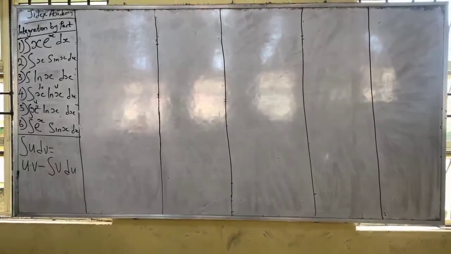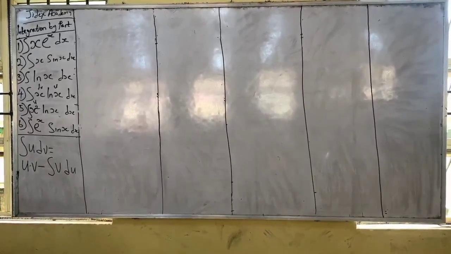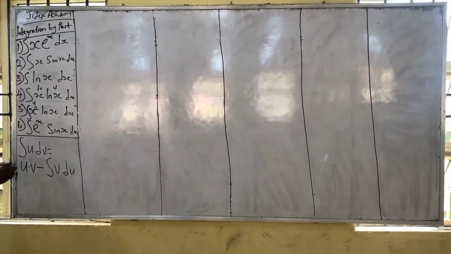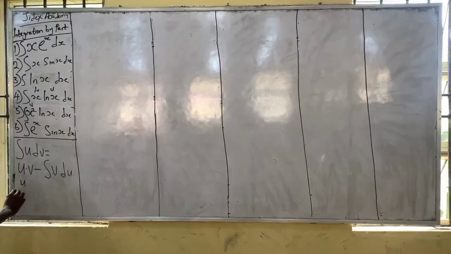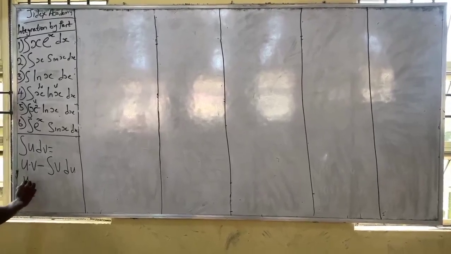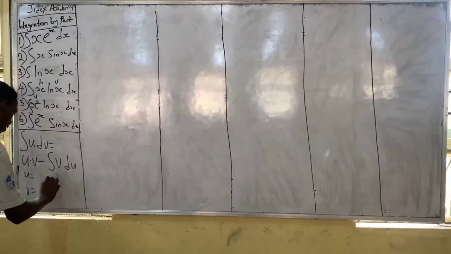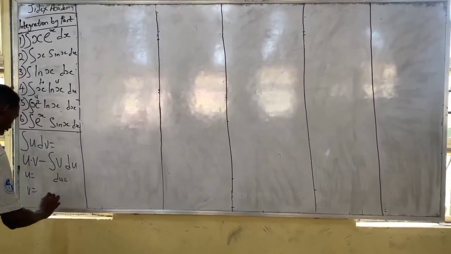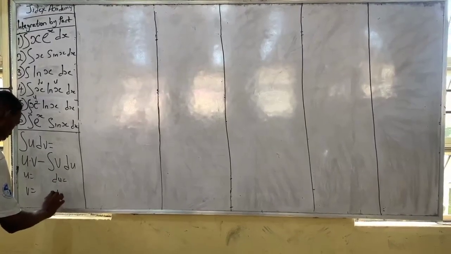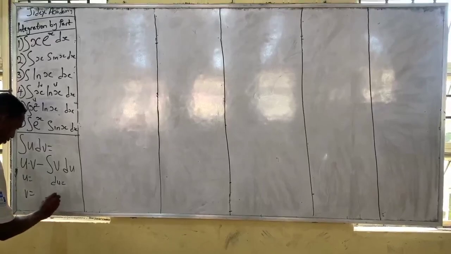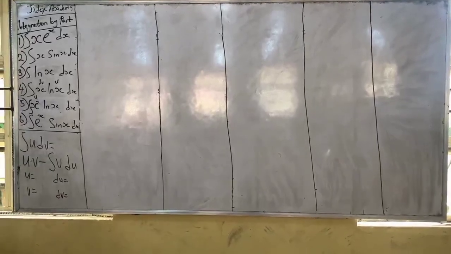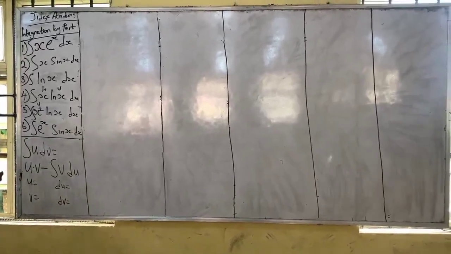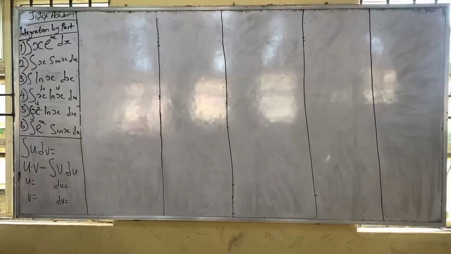Looking at this formula, what are the items that you need to know? You need to know your u, your v, your du, and your dv. Let me write this very well. So these are the 4 items that you need to be able to apply integration by parts.